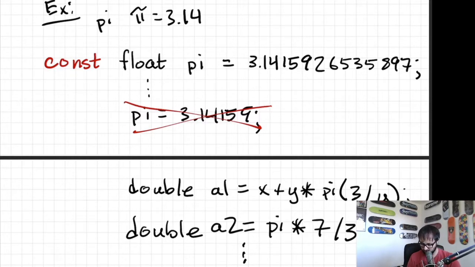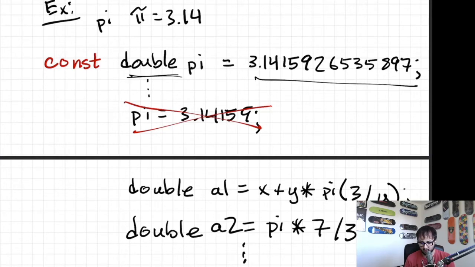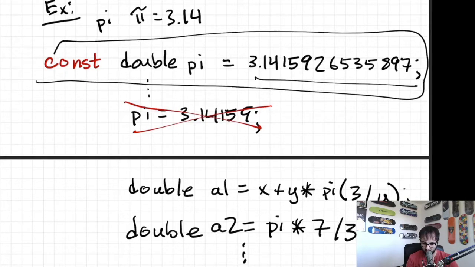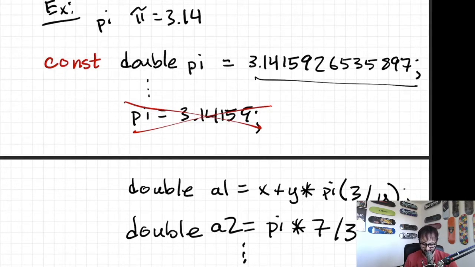Okay, well now we need to change that into a double. Well, look how easy that was to edit. I guess if you did hard code this number in there, the double wouldn't matter, but you get my point. You don't have to keep coming down here and editing a million times the same value over and over. You can just edit it this one time right here and call it a day.